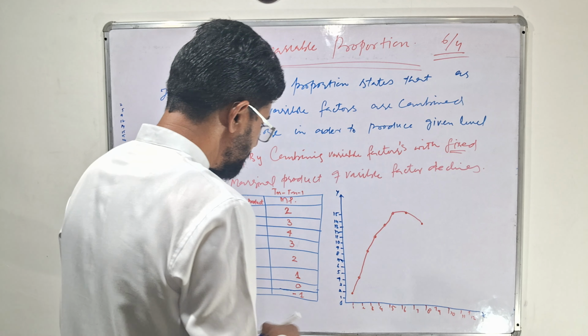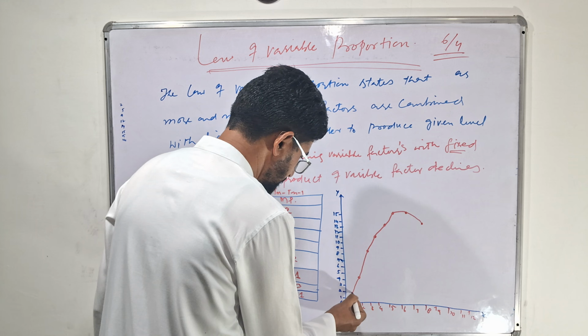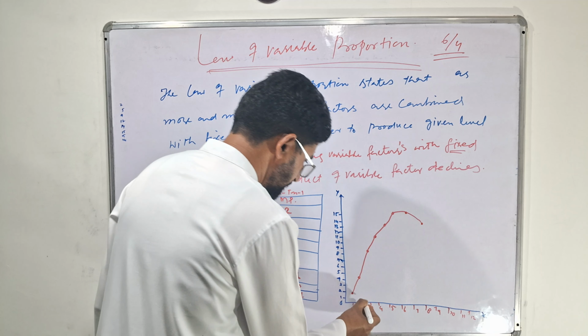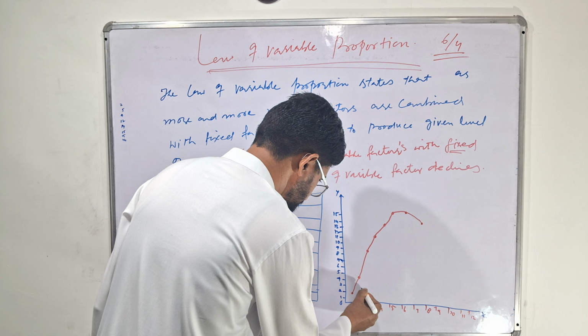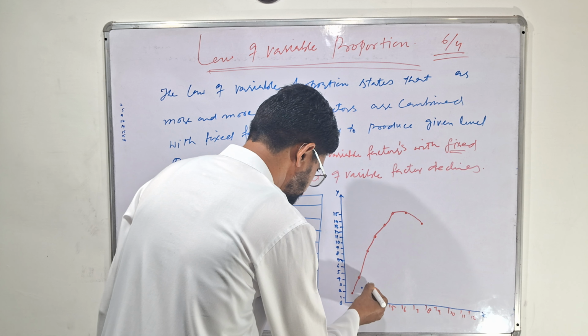Now I have to draw the marginal product. First is 2, that will remain here, 2. Then 3, add 2, here is 3. Then 4, add 3, here is 4.